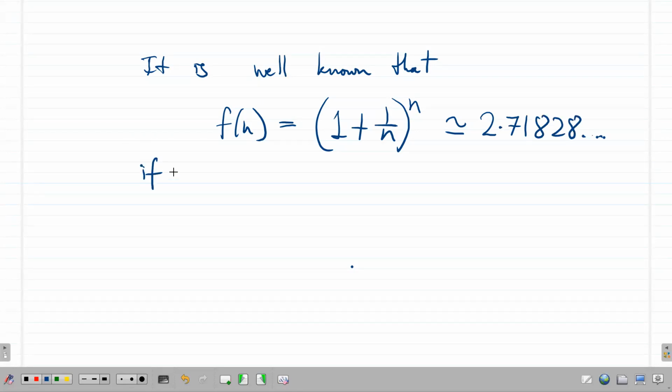And this approximation is only true if n itself is very large.